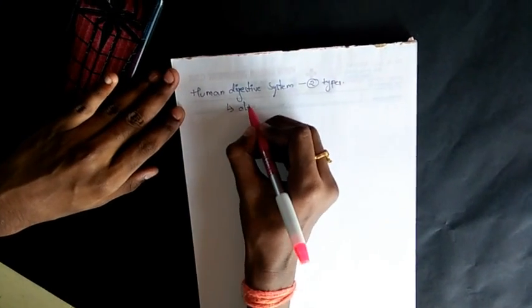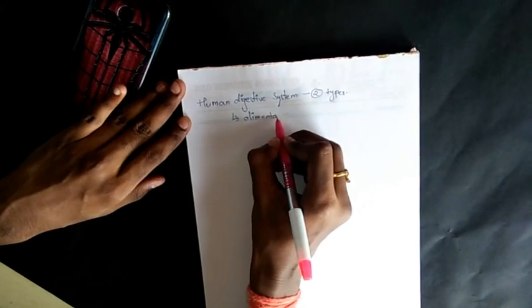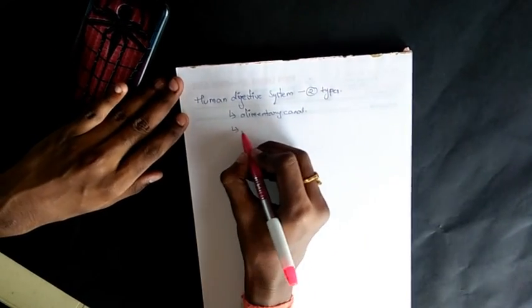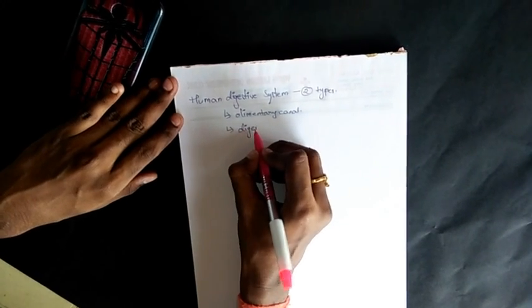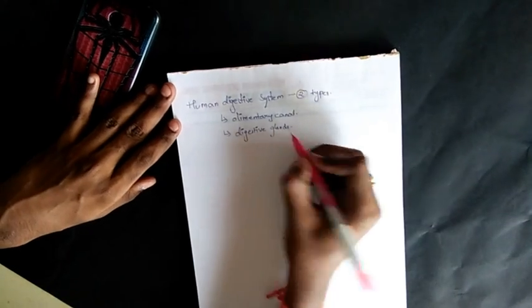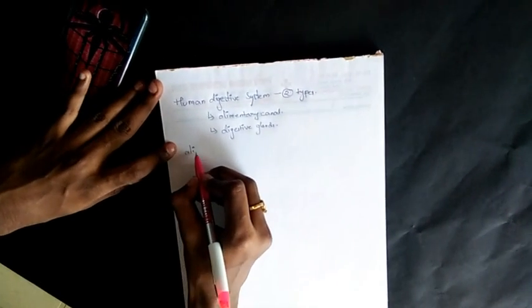First is the alimentary canal and the second is the digestive glands. First we will discuss the alimentary canal.